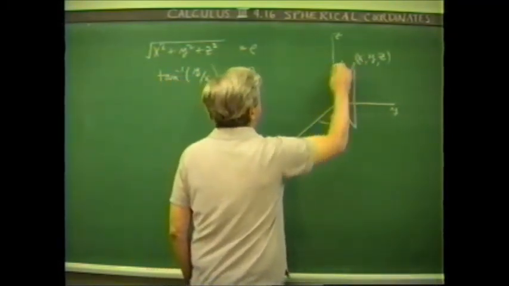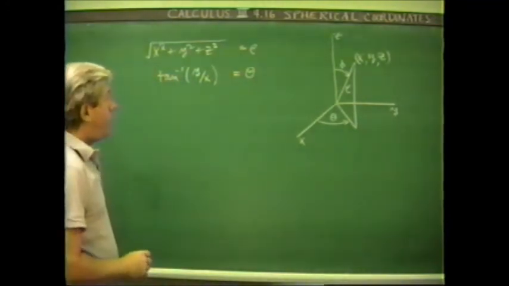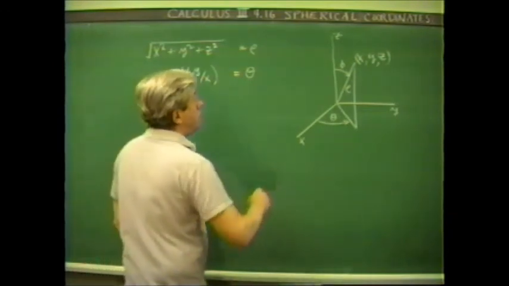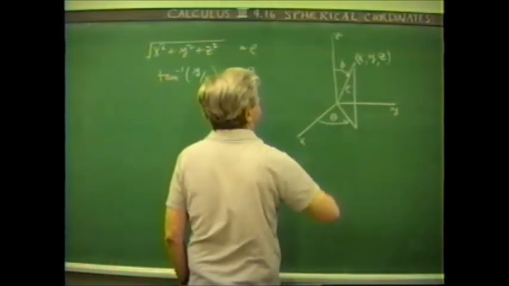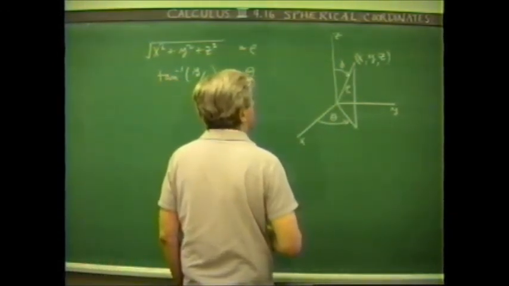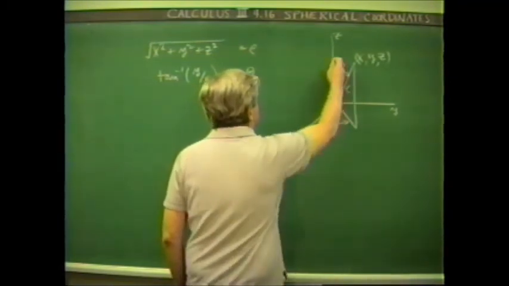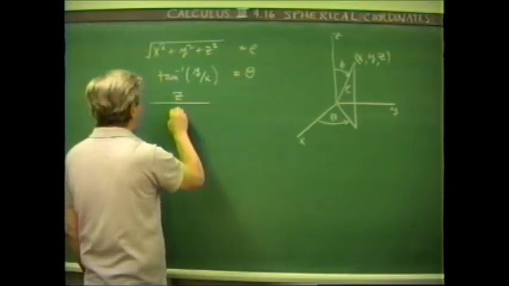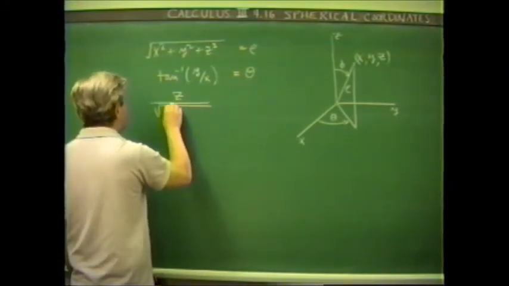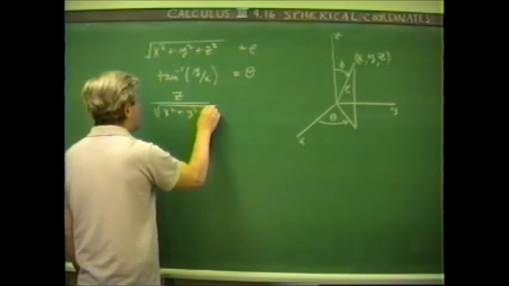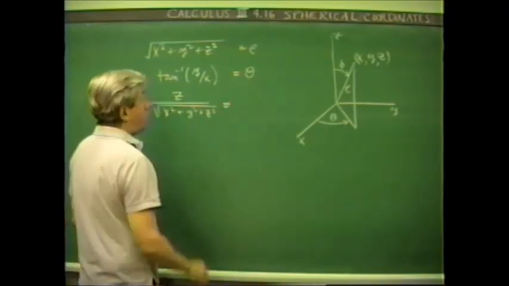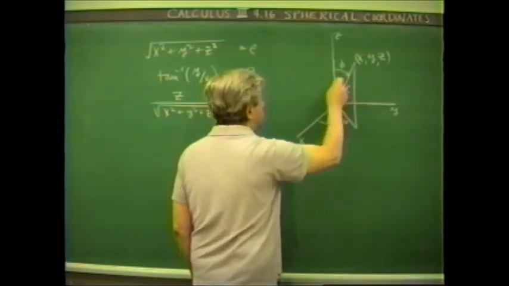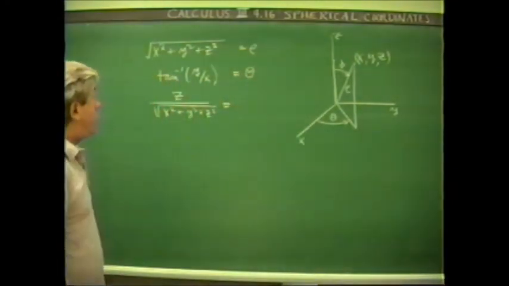There are several ways to go about this. z, for example, over rho, the z height here over rho, is going to be the cosine of phi.